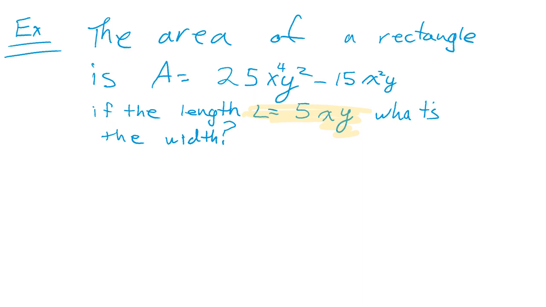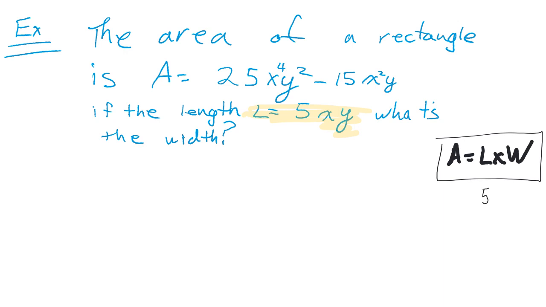All right, so I know the following. You know that the area of anything is length times width, right? That's true, isn't it? So technically, the area is, well, the length is 5xy.